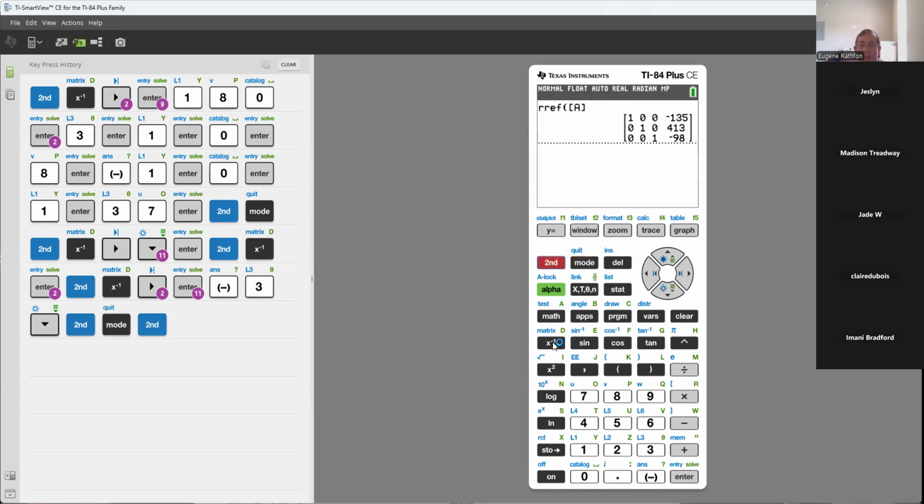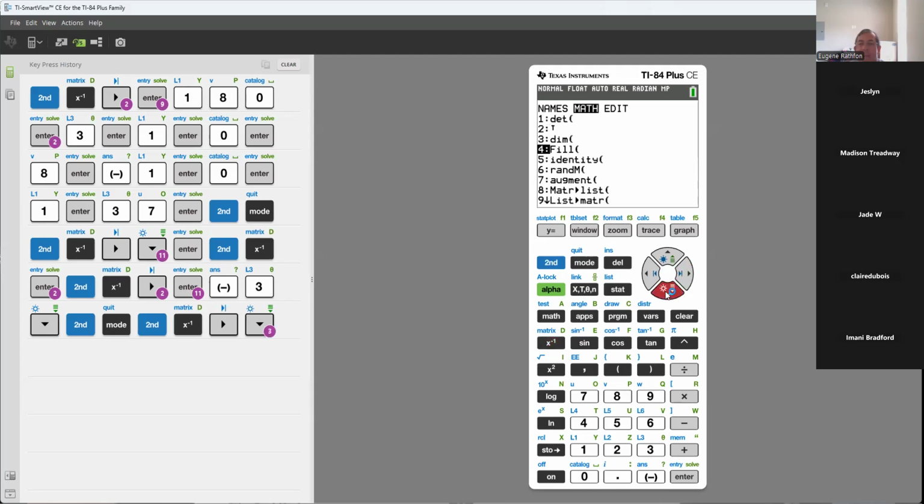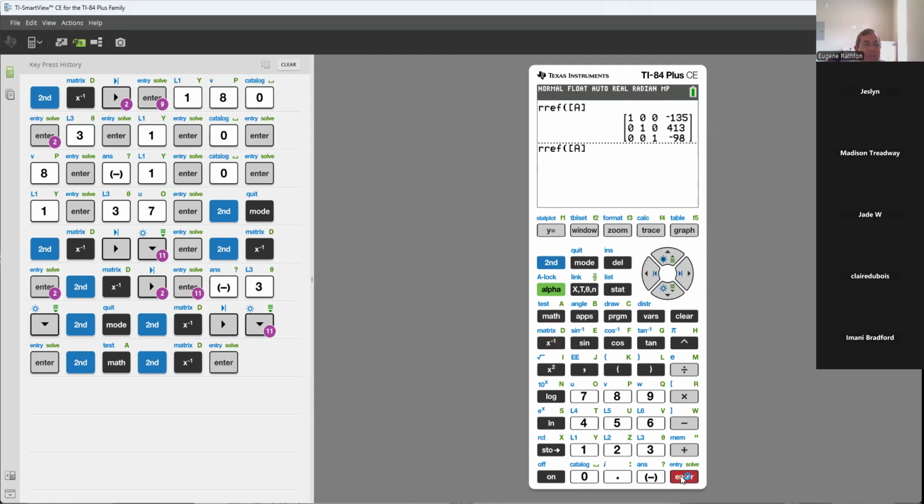So second matrix, go back and get that RREF again. But what I like is when you do make a mistake, you can look at it real quick and all you got to do is fix the mistake and then hit it again and enter. And y'all, there you go. 27, 89, and 64.